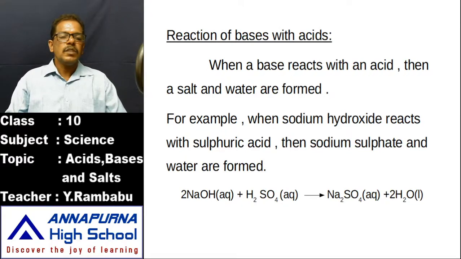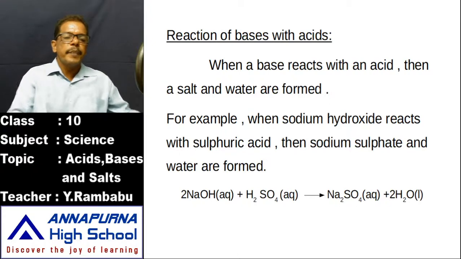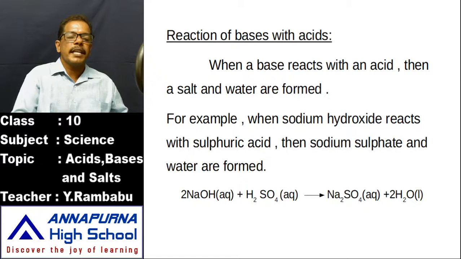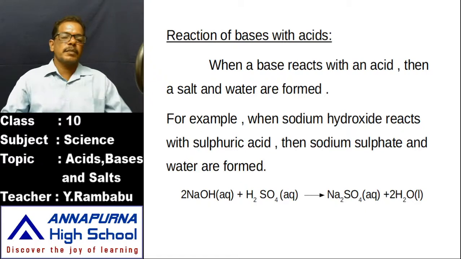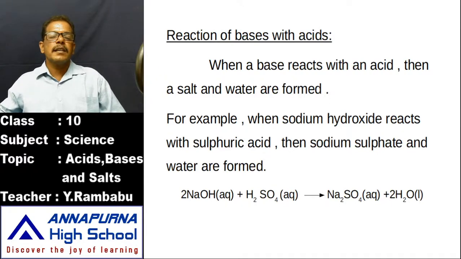An aqueous solution of sodium hydroxide is taken with an aqueous solution of sulfuric acid. Then what is formed? A salt, sodium sulfate, is formed and water is liberated. How does this actually happen? The base NaOH splits into Na plus ions and OH minus ions. We already know a base produces OH minus ions, and the metal part, the positively charged part, is Na plus. The acid splits into H plus ions and SO4 2 minus ions, the negatively charged part.